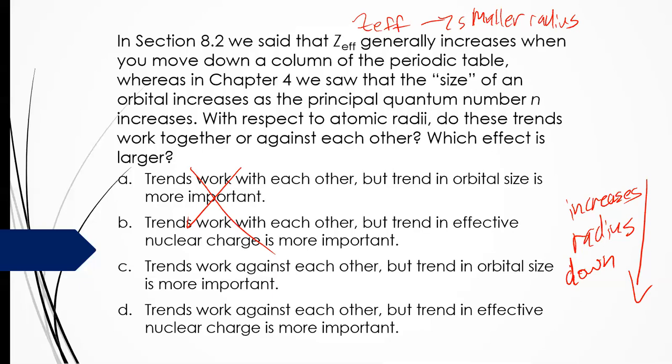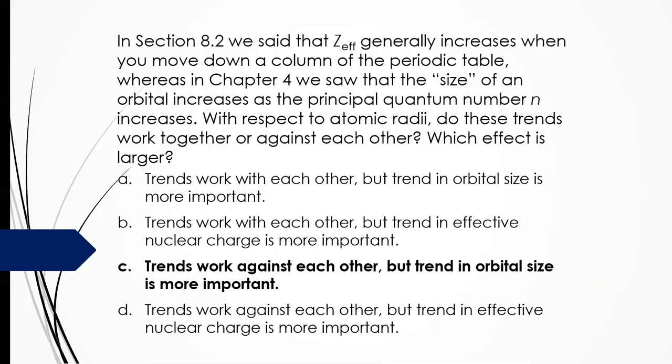And so if our radius is increasing going down, then it's not going to be the Z effective which is more dominant. What's going to be more dominant is actually the orbital size, so the n value. It's the stronger trend when we talk about atomic radius and their comparisons.